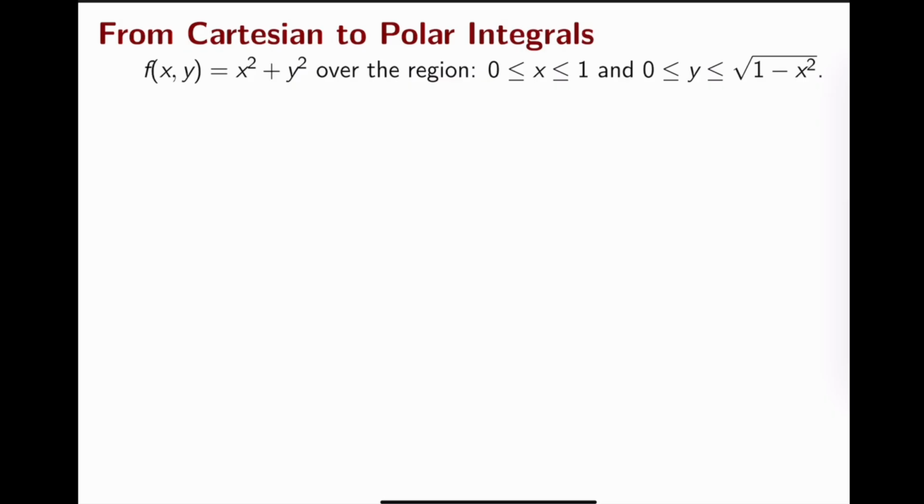So for example, in order to calculate this one that is given in Cartesian, everything is described in terms of x and y. How do we calculate in polars? Well, we use that x is equal to r cosine theta, y is equal to r sine theta, and we substitute the dx dy by r dr d theta.